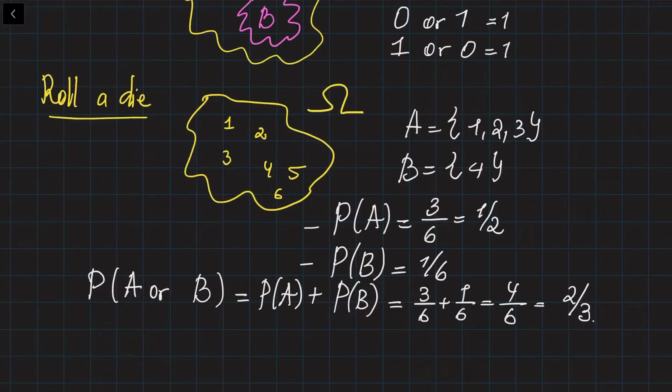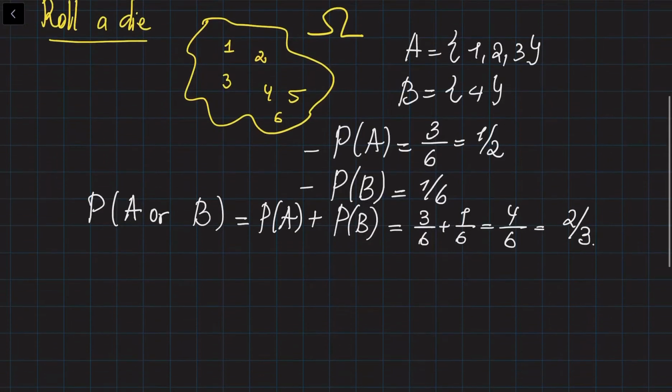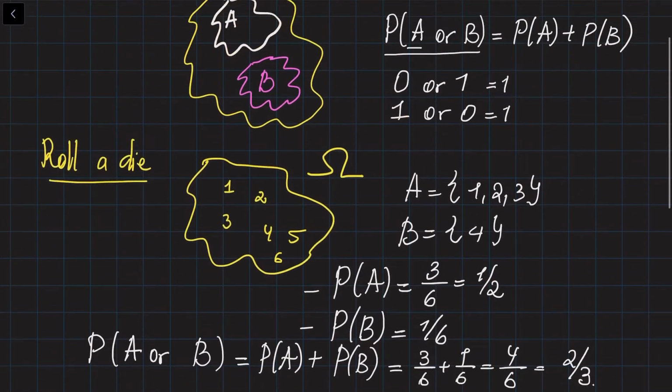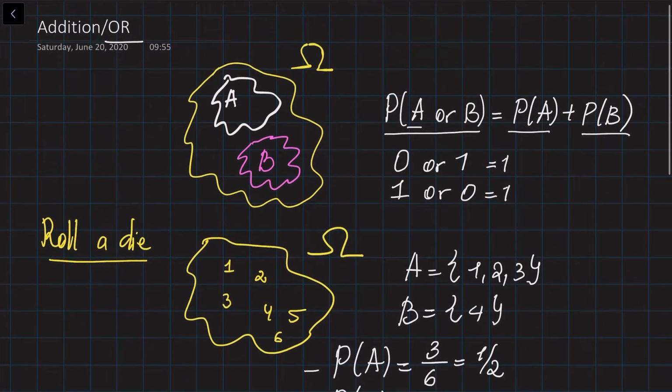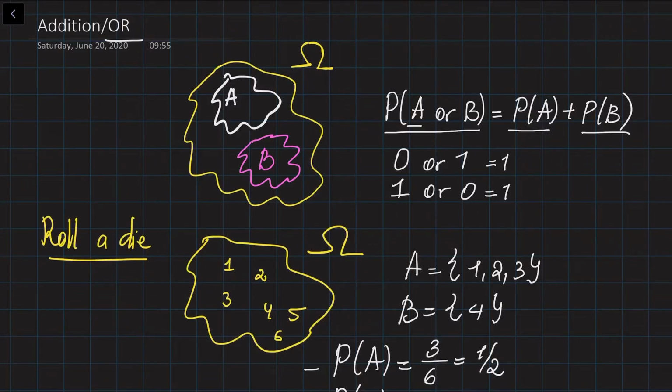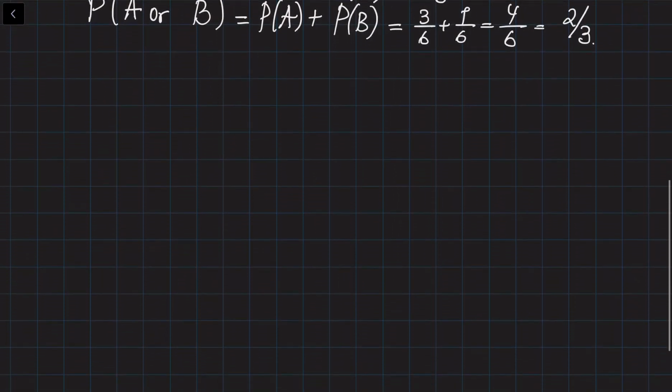So this is called the addition rule, but there are some problems here. When we are considering the addition rule, where we just add the probabilities of A and B, we are assuming that these two events are disjoint. Basically, they are not intersecting.